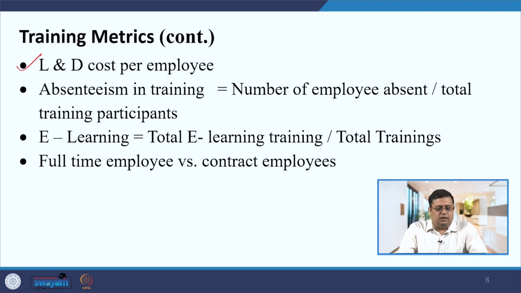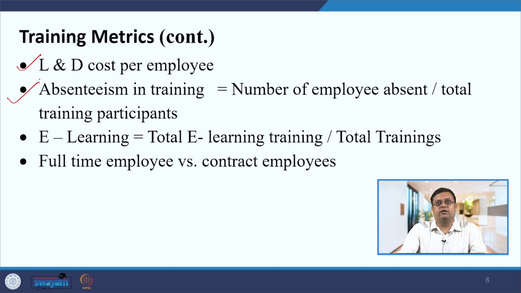One more thing that you can calculate is absenteeism in the training. If there is absenteeism in a training, you need to identify the reason why employees are not joining the training program. One reason could be the focus time, because it is impacting the focus time of the employee.